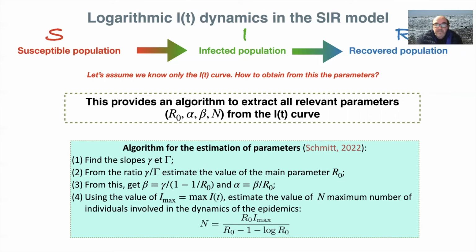If you know them, that's the first step. The second step is to compute the ratio, and from the ratio, you can estimate R naught. Third step, you can estimate all the parameters, beta and alpha. And from this, you can also find the maximum value of I, and then you can also know the value of N.